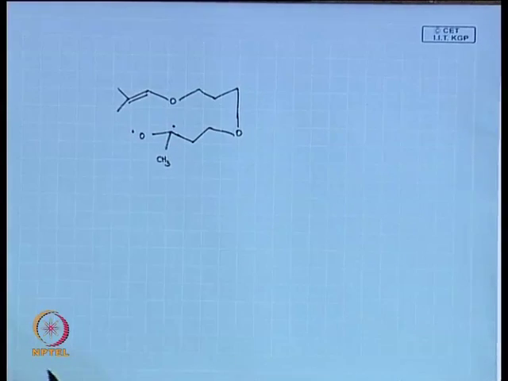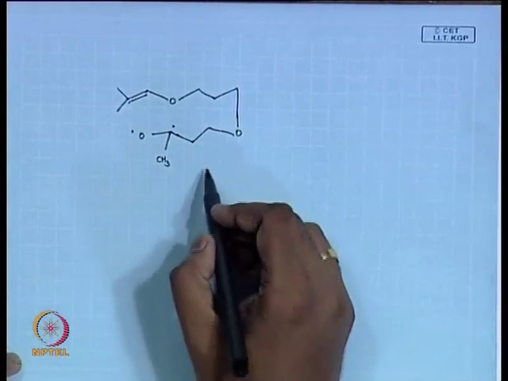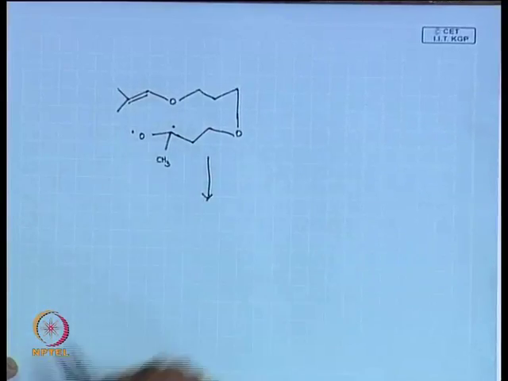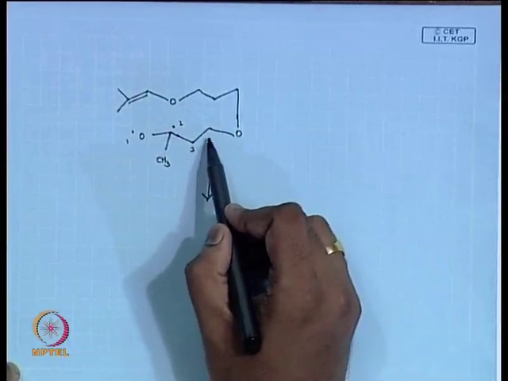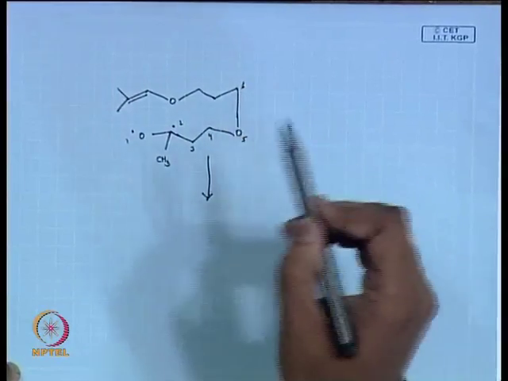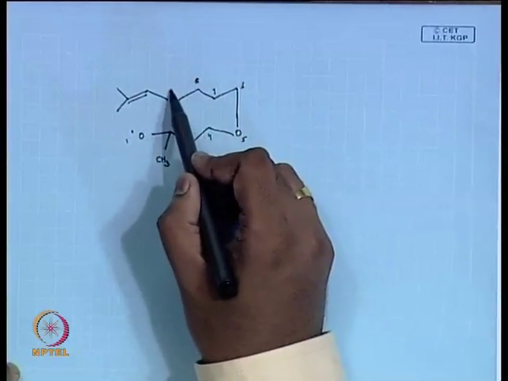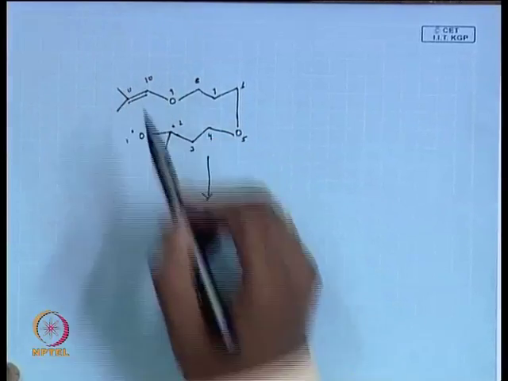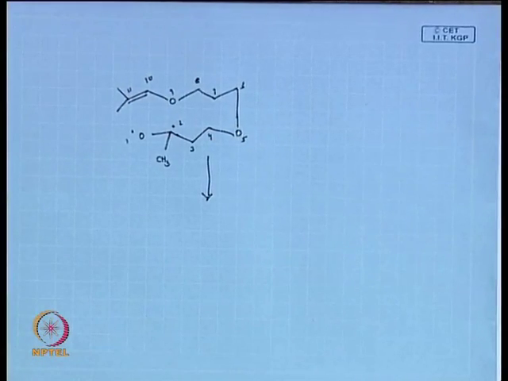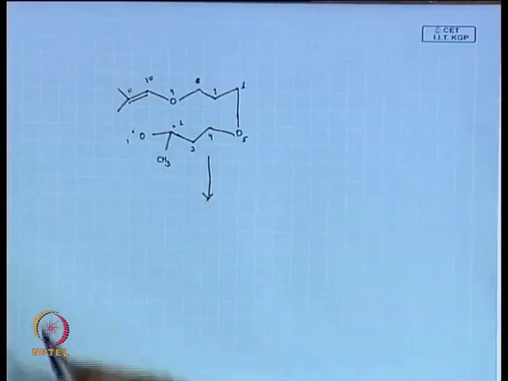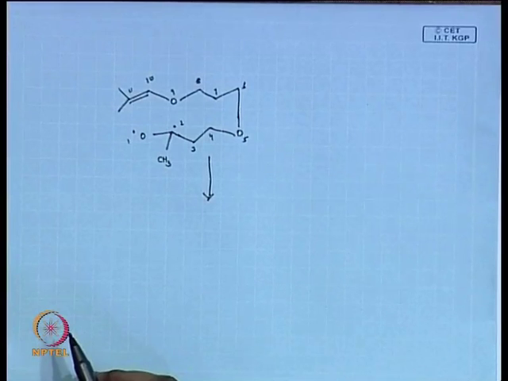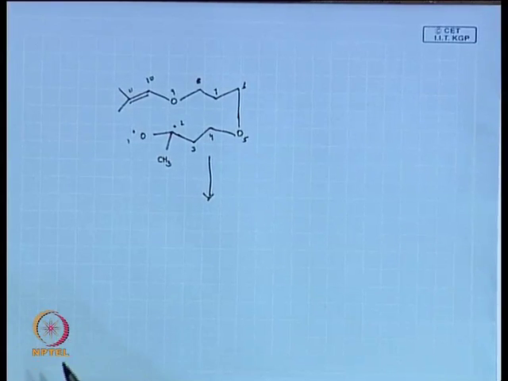Now, you can do your addition, how you want to do it, because I can say 1, 2, 3, 4, 5, 6, 7, 8, 9, 10. Where do you want to do it? You want your O dot to add across C11 or C10? C10, because you are going to create an isopropyl type of secondary radical, which is much more stable.